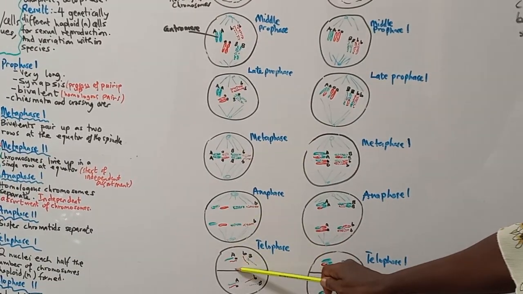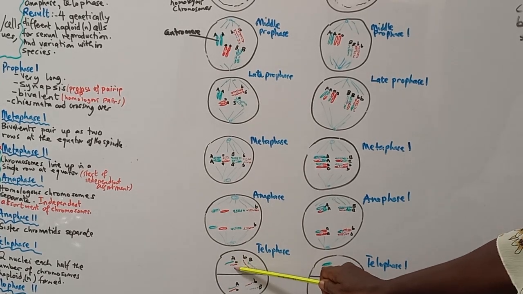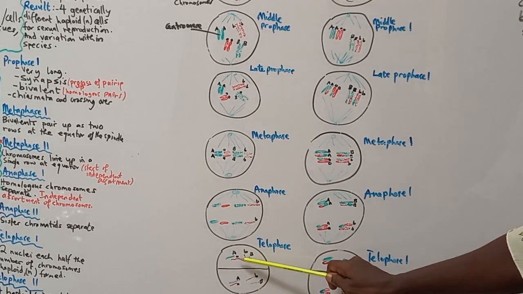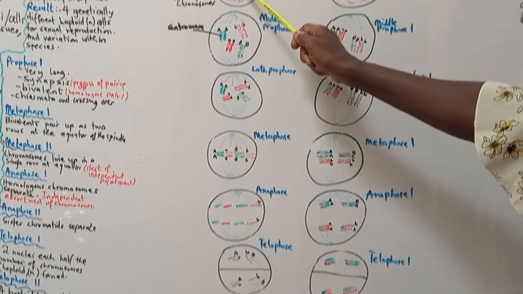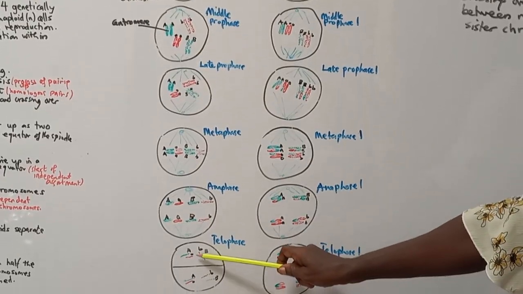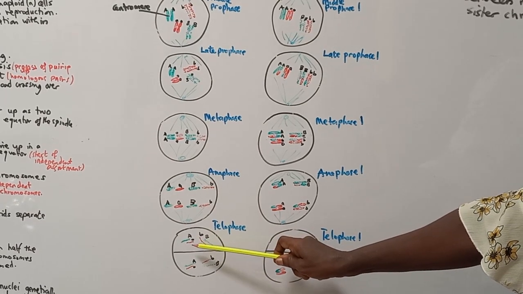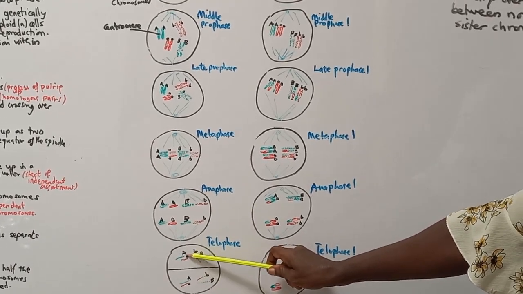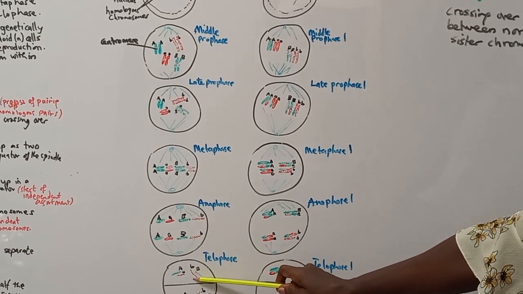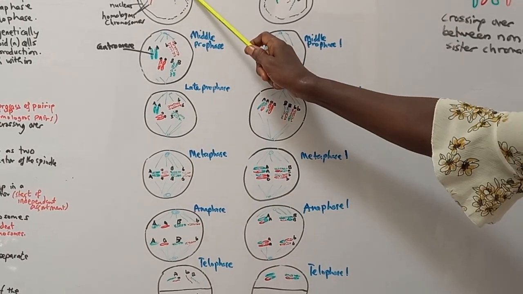So the nucleus divides and you have two nuclei with 4 chromatin, just like we started with. And so at telophase in mitosis, you have 2 identical cells with the same chromosome numbers as we started with.